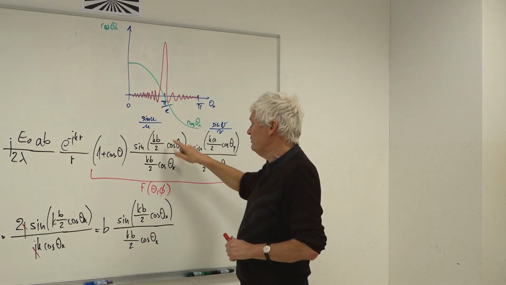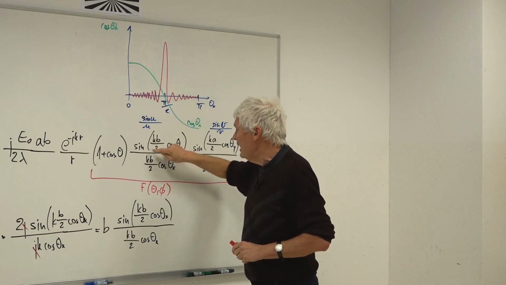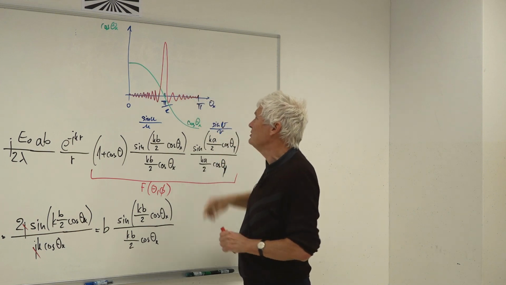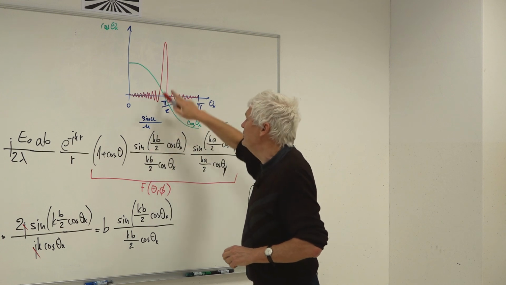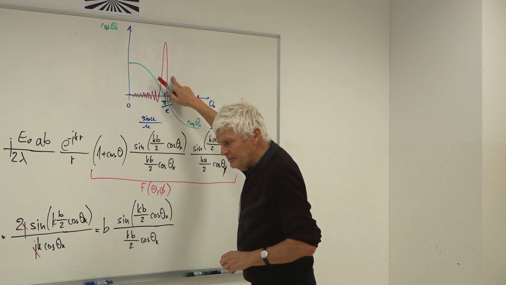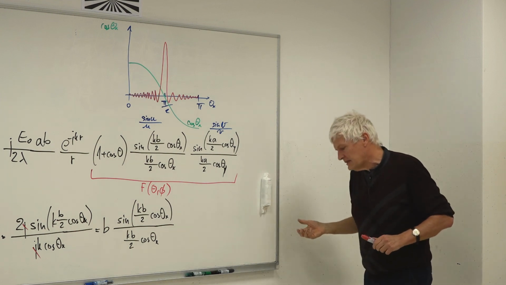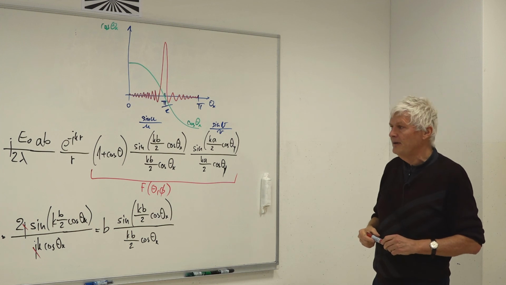When do I have lots of oscillations of sine u over u? When b is large. When b is large, the argument of this sine u over u will be very large, and we have lots of oscillations. So the larger the b, the narrower the pattern. And the same in the other axis, in the other plane, if I had, for instance, E and H planes for the antenna I measured in the lab.